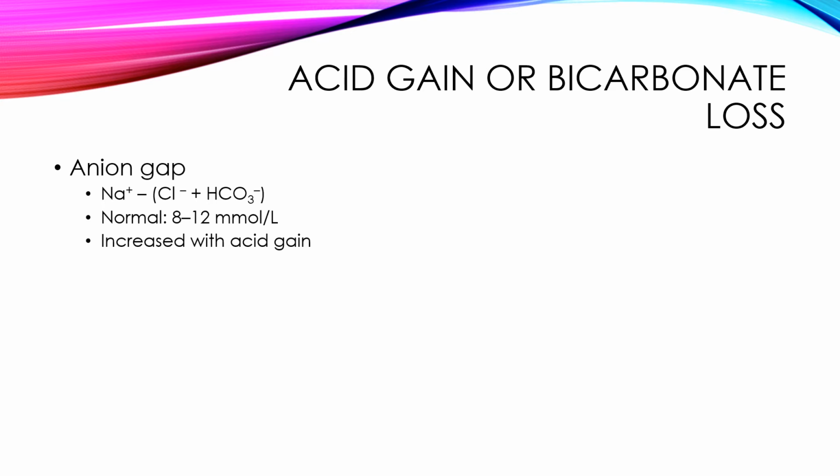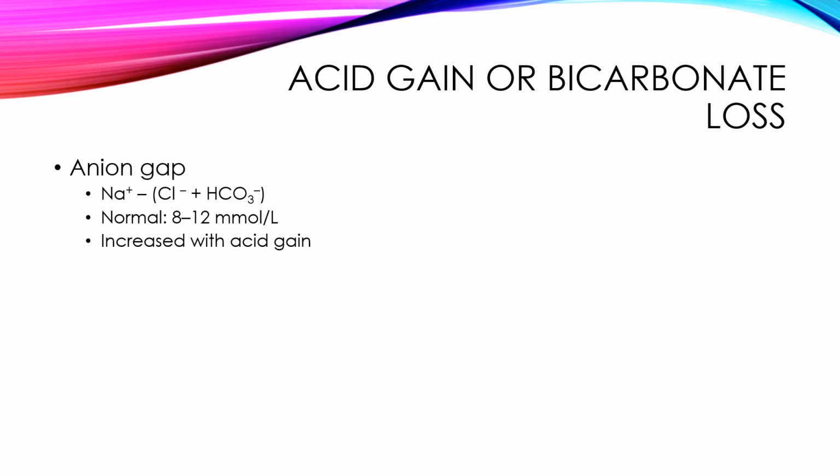But if it's normal, if we have that 8 to 12, then we know it's because of a bicarbonate loss, like in diarrhea. And the reason that we can see the difference between these two is because anytime our bicarb decreases, our chloride typically increases, and so it doesn't change that gap because the anion of chloride is actually increasing as our bicarb decreases.